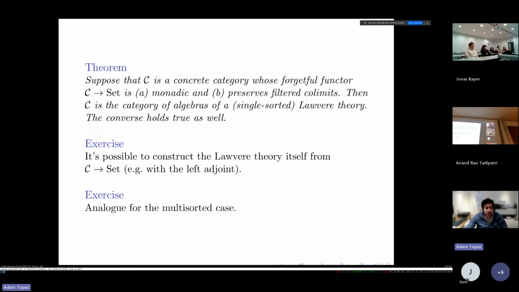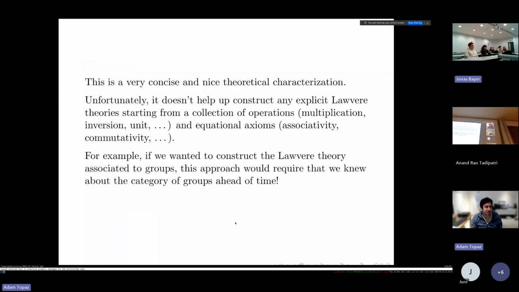And once you have the category of algebras, for example, in the case of L that I constructed in the first example, the category of algebras of L is simply the category of groups. Once you have that, again, using the same process in the example, I can construct the Lawvere theory itself. And again, there's an analog in the multi-sorted case. So this is quite a nice and convenient theoretical characterization of Lawvere theories, but it doesn't quite help us construct anything explicit.